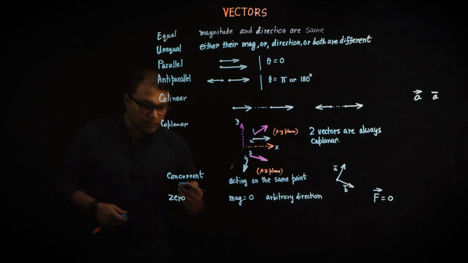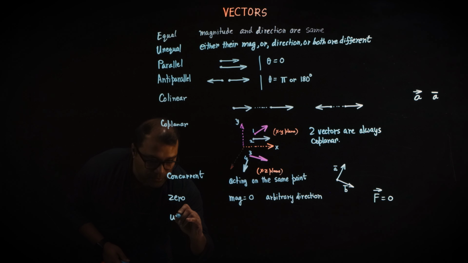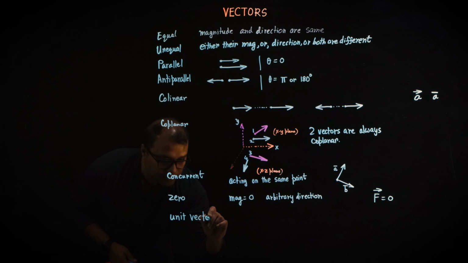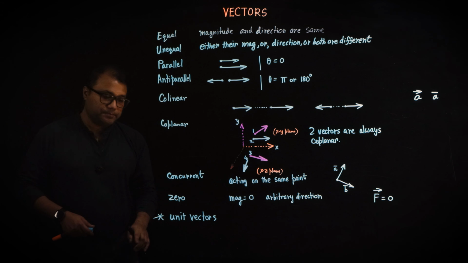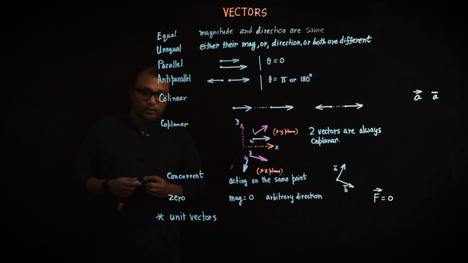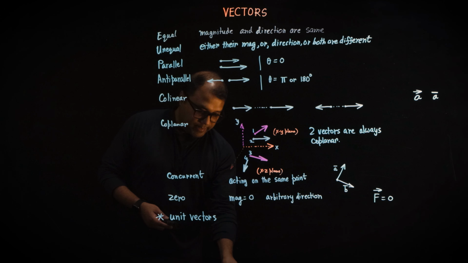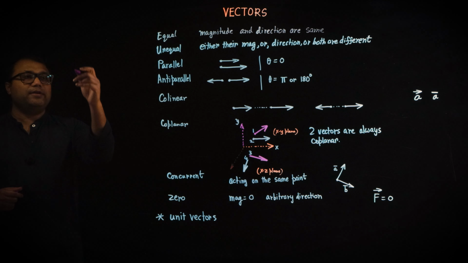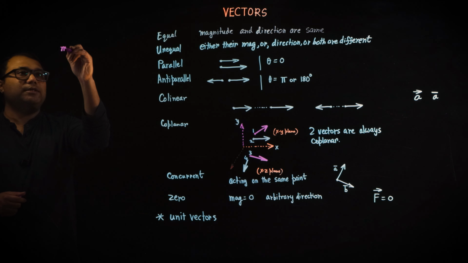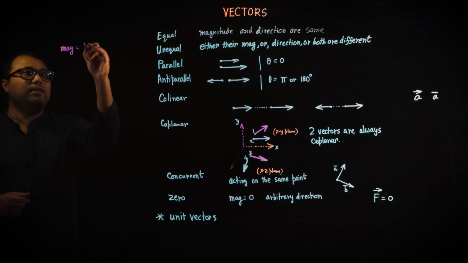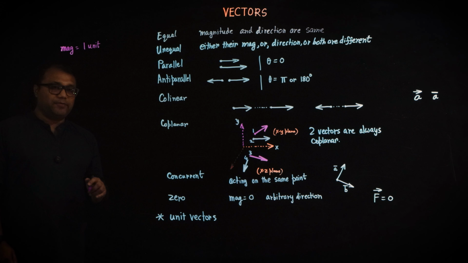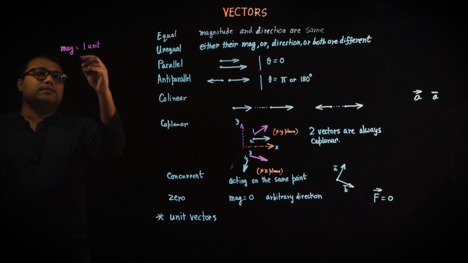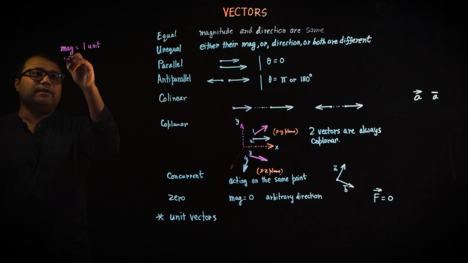And the last one is unit vectors. Now this one is super important. Let me explain it on this side. What are unit vectors? Unit vectors have magnitude 1 unit. So these vectors are used to give direction.